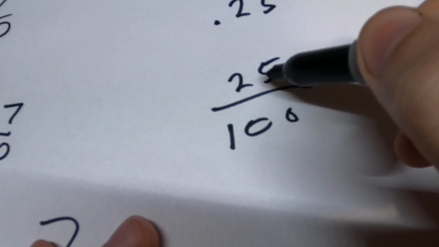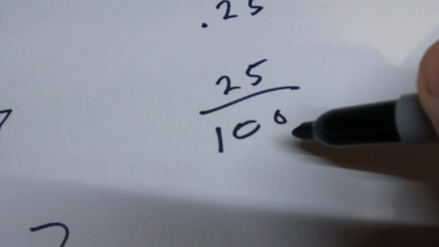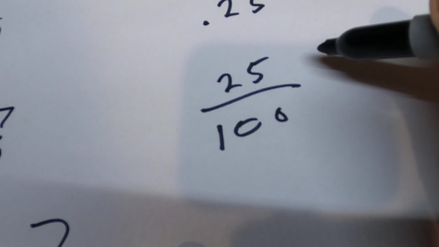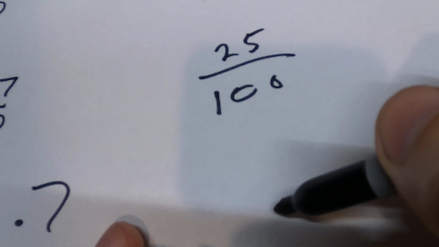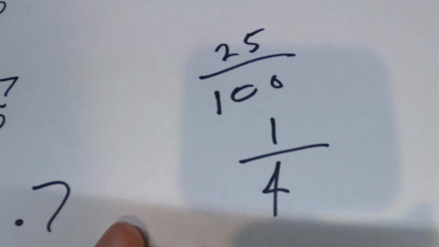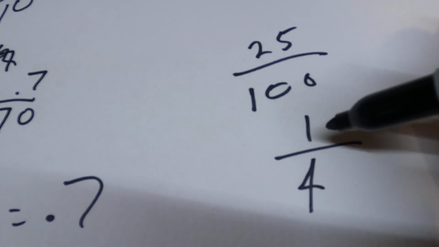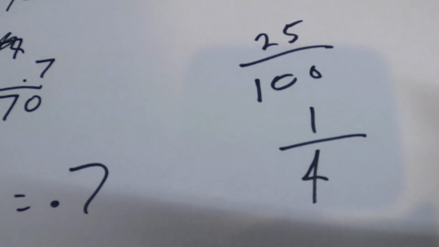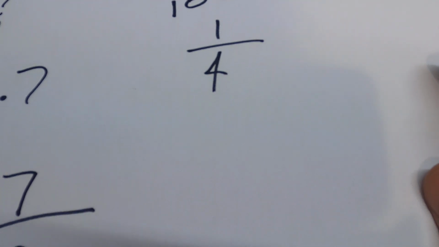So this is going to be 25 over 100. And we're then going to reduce this down. So 25 goes into 100 4 times. That's going to be our bottom. And 25 goes into itself 1 time, so that's going to be a quarter. So 0.25, 25 over 100, and reduce down 1/4. So they all mean the same thing, just a different way to write it. So hopefully that was a quick review for you on that part of it.